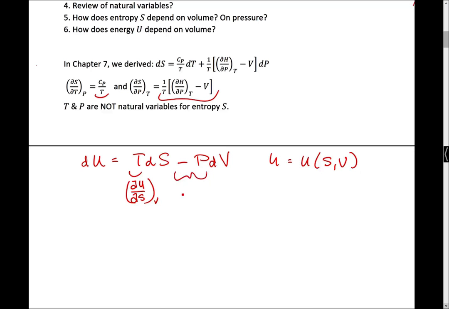The second term is dU/dV holding S constant. Okay? And then we look at these derivatives and we say that's a simple function, that's a simple function. And so what we can conclude from this is that S and V are natural variables for U, the energy of the system.